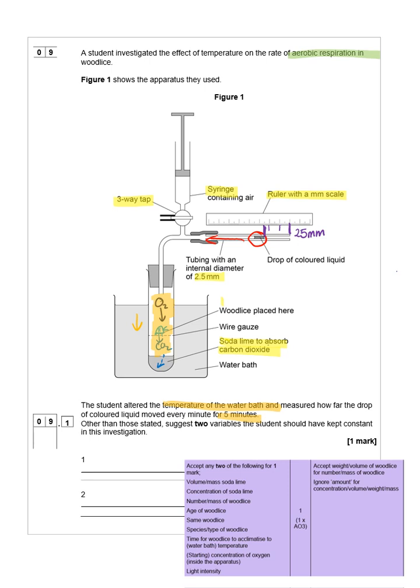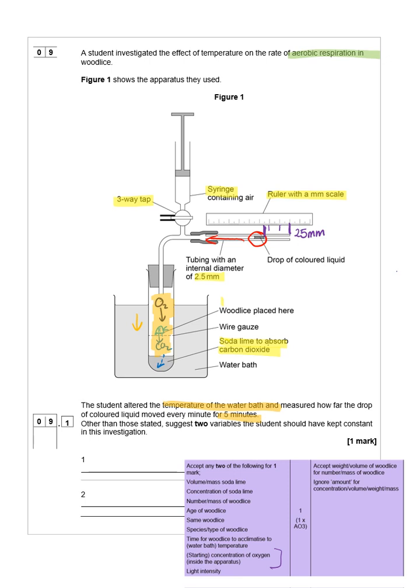A few of you were writing this one about thinking about the concentration of oxygen inside the apparatus before you're actually doing it, and light intensity, because you don't want light intensity to somehow affect what's going on. If the woodlice is in a bright light, is it going to respire more and therefore be a variable that's affecting your results?